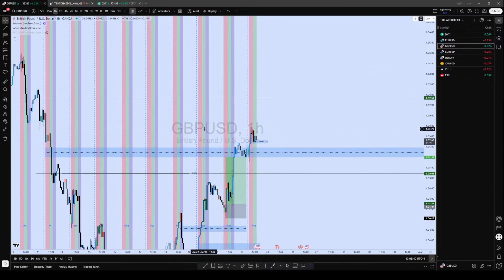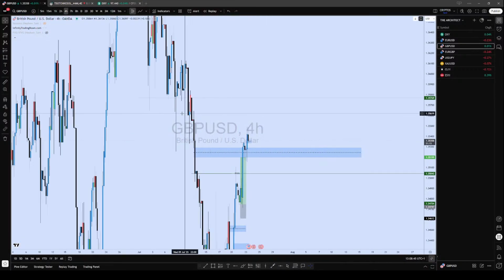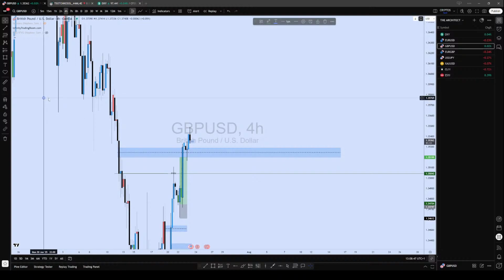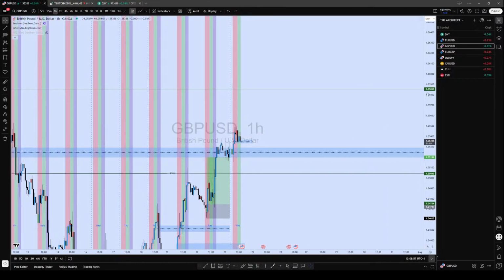I'm taking partial, expecting the 1.3585 level, that's the next upside objective for the British pound. So look for a continuation to the upside for the British pound.